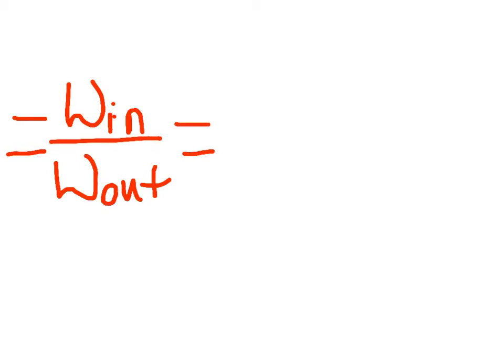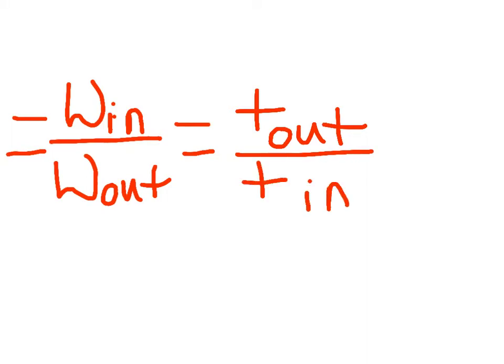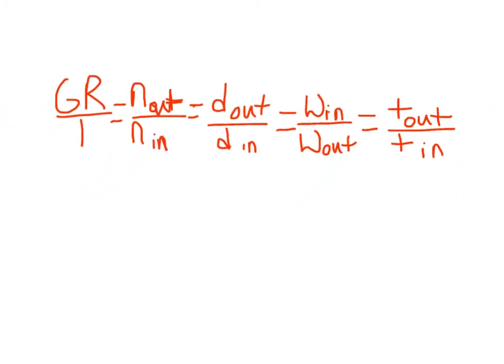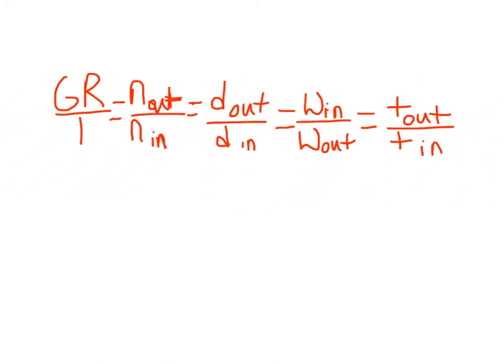You kind of have to plug in some numbers. The final thing that they might provide you with, or we might know, is the torque of the output over the torque of the input. So if we look at that, we realize that we have all those relationships to use as an example as we move forward.